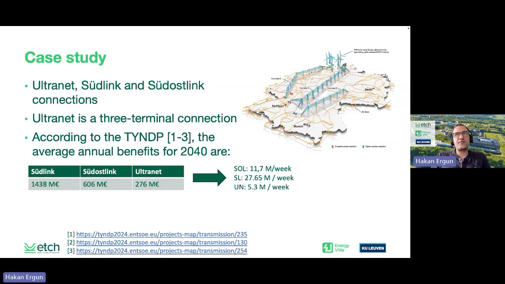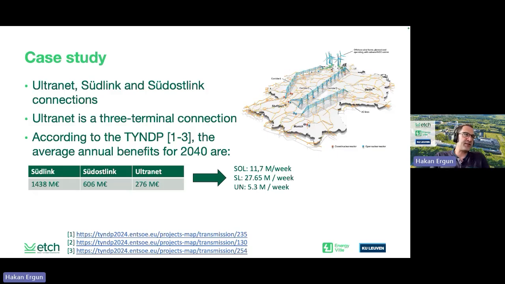And for the case study that we are going to look at, we are going to take the example of the 3 HVDC corridors in Germany, basically the Ultranet project, which is a multi-terminal DC link. So basically having 3 terminals, and then 2 point-to-point links, which are the Südlink and the Südost link.